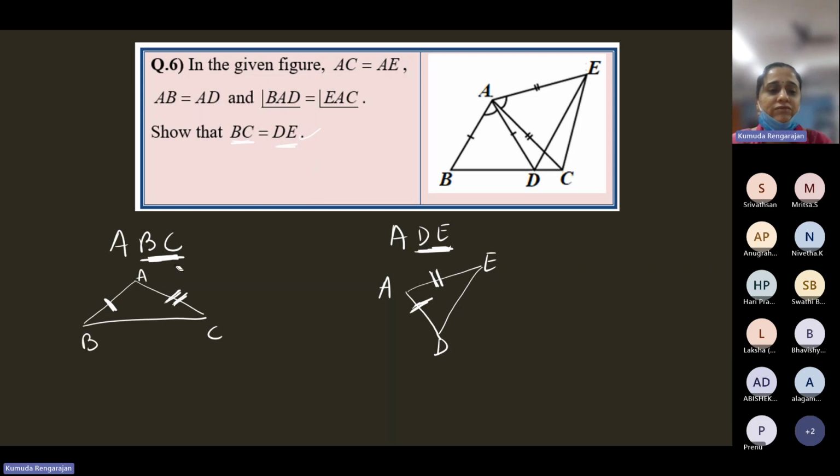So let's go back to the main figure. Okay, BAD, this angle is equal to EAC, this angle. But if you mark this, so supposing we mark this angle 1, this one 2, and this one as 3. Now let's see what is 1 plus 3. Name angle 1 plus 3, children.